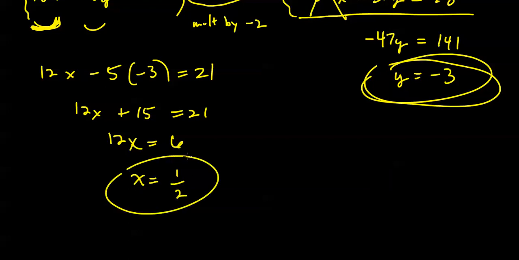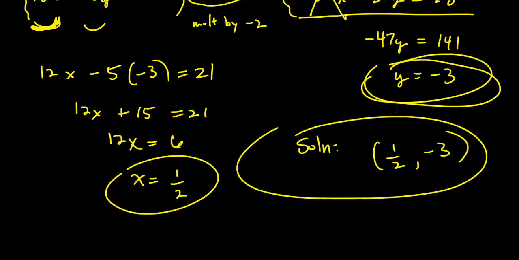So when y equals minus 3, x equals 1/2, and that is my point of solution for the given system above. Alright, we'll call it a day, and that's section 3.2, solving systems algebraically, solving 2 by 2 systems algebraically.